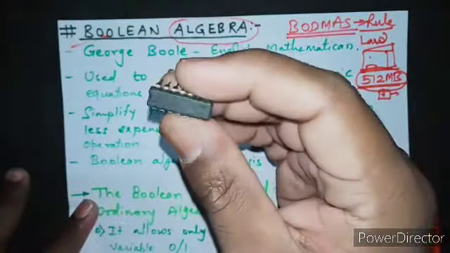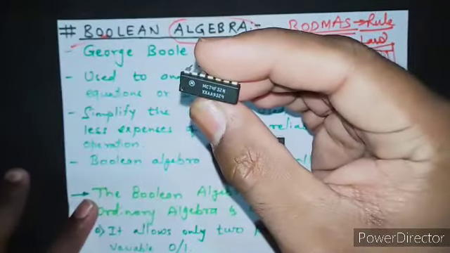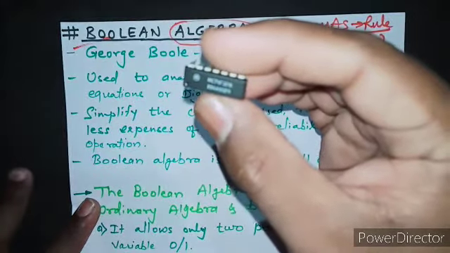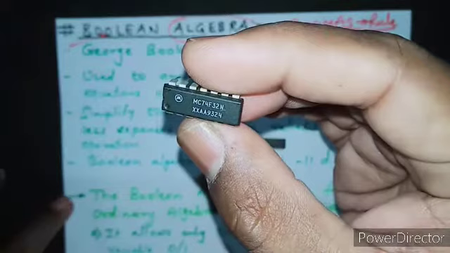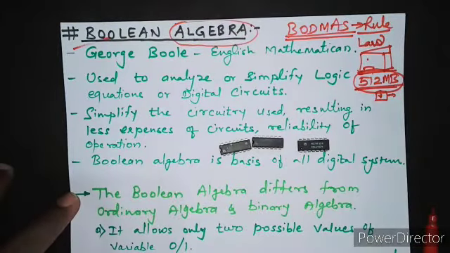You can see the number printed here: it is 7432. This is one type of IC. If I'm not wrong, this is the OR gate IC.